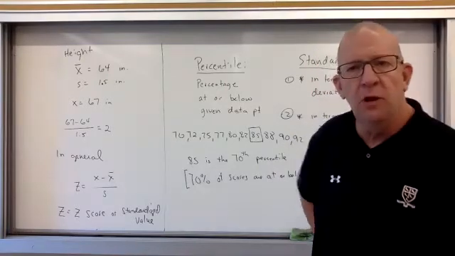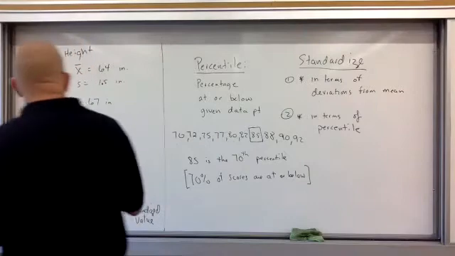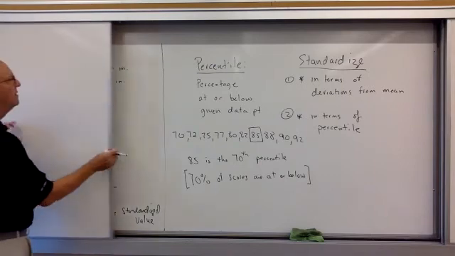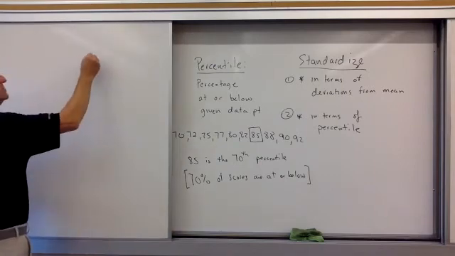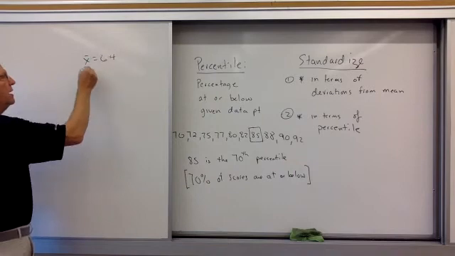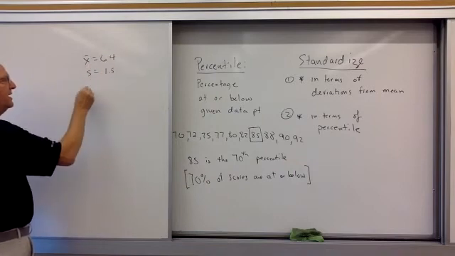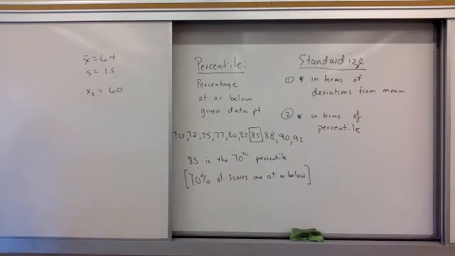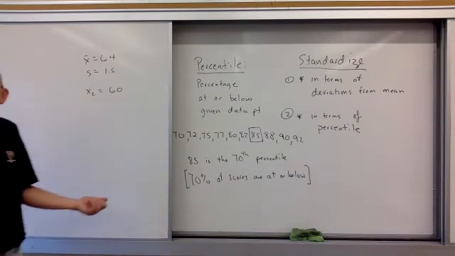All right, what if you score below the mean? Let's test here. Let's say I've got another x, we'll call that x1. Same scenario. X bar 64, standard deviation 1.5. Let's say this x2 now is 60. Again, what does 60 mean?